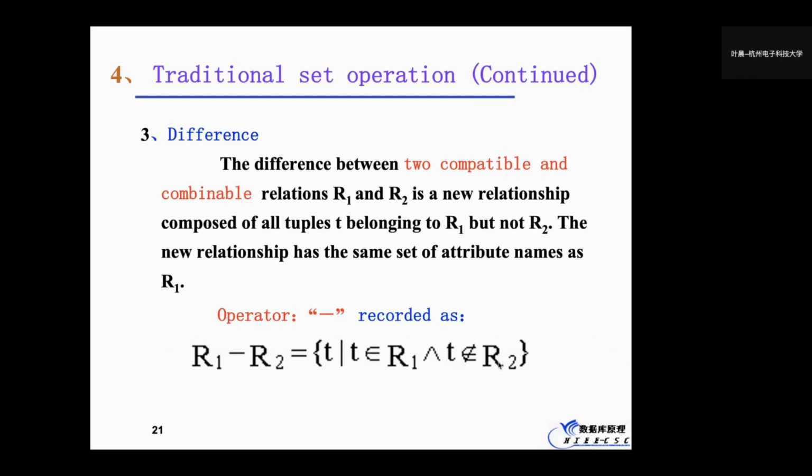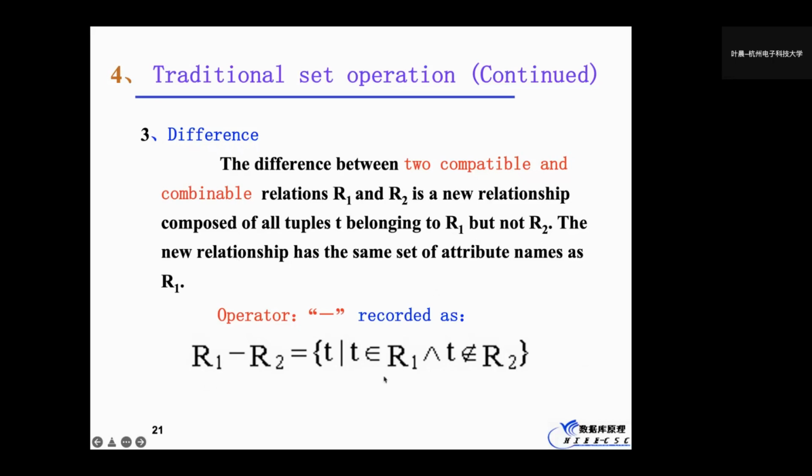Then the difference between the two relations R1 and R2 is a new relation composed of all tuples t belonging to R1 but not R2. So R1 minus R2 is not equal to R2 minus R1. The new relation has the same set of attribute names as R1. So we can write it like this.